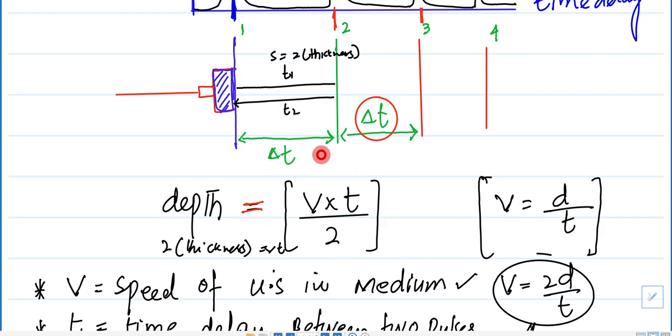So how do we determine the depth? The depth is the speed of ultrasound times time divided by 2. I use the formula v equals d by t, but this d is twice the separation, or the time is half of the time. It's your choice, whatever you use, but the depth is calculated by vt by 2.